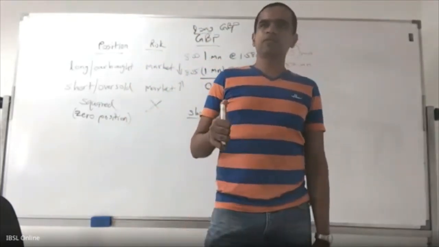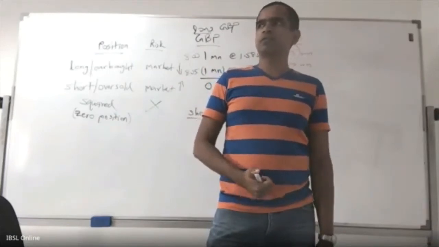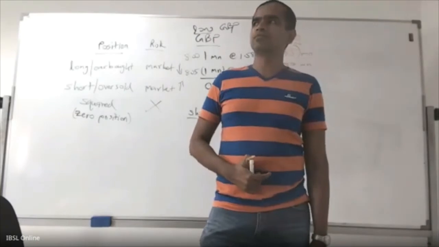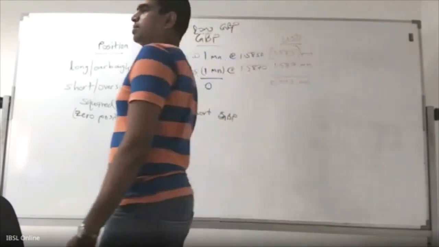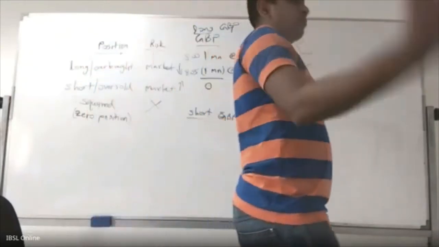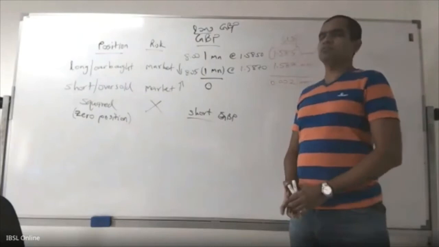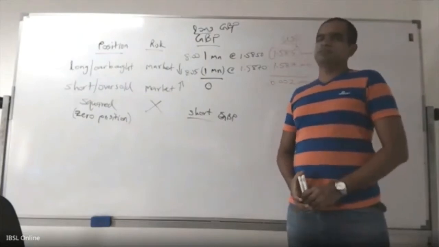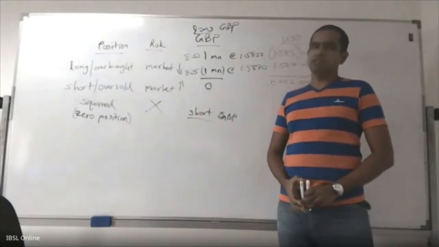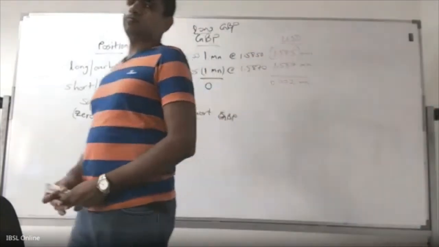Because you feel the price is going up. You will never buy if you feel the price is going down. But if you feel the price will fall, then you will short sell. Short selling means selling an asset which you do not own.